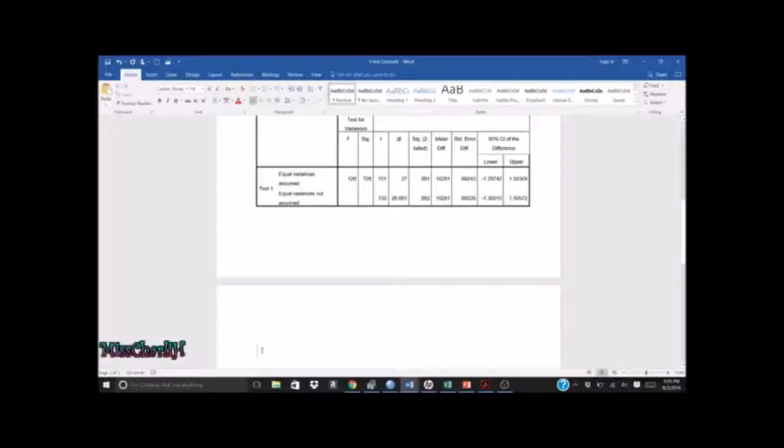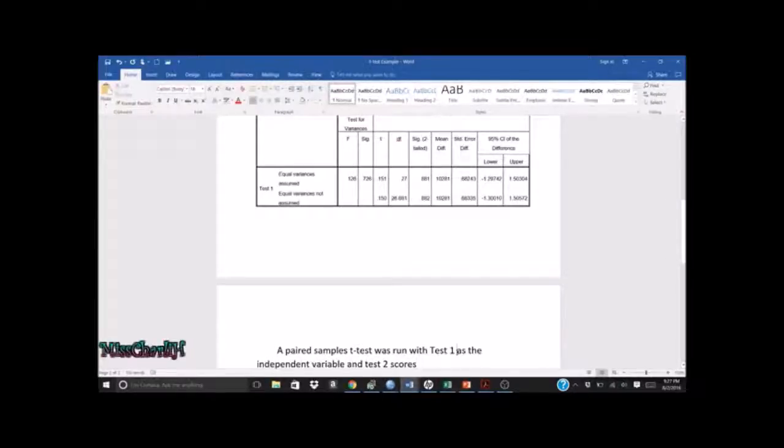Alrighty. A paired samples t-test was run with test 1 as the independent variable, and test 2, this would probably be better if I said scores.